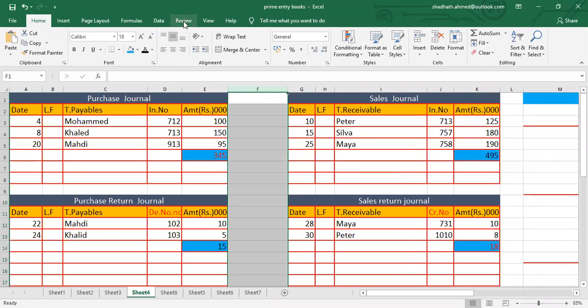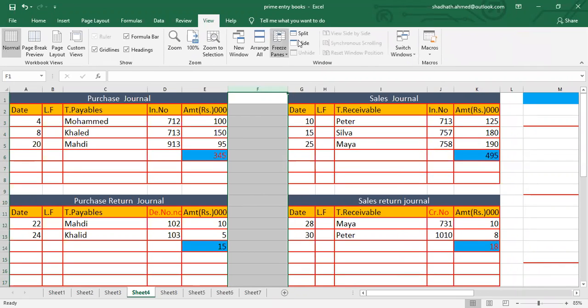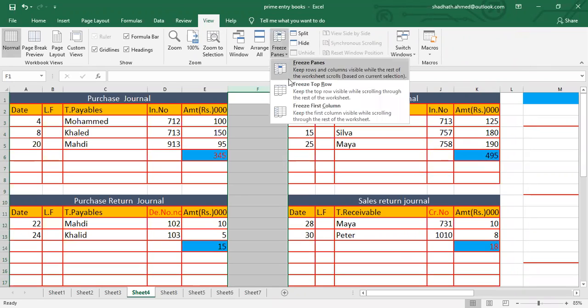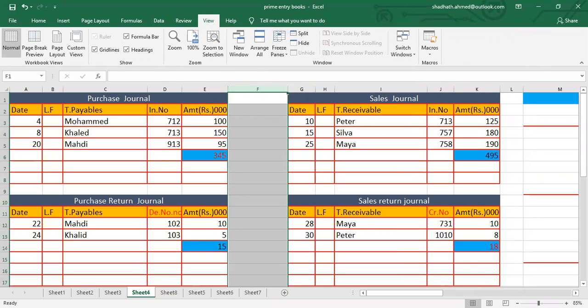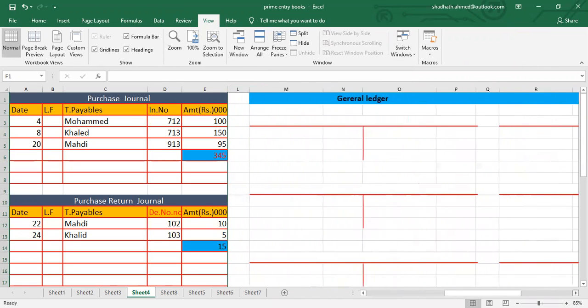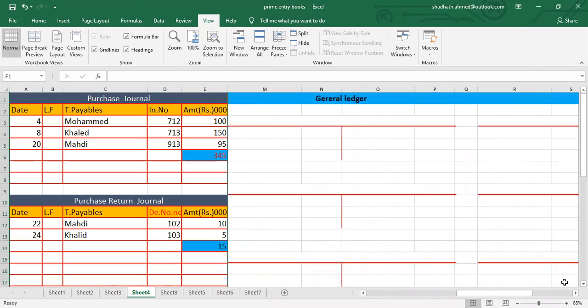Now let's see how to prepare the ledgers for the purchase journal, sales journal, purchase return and sales return journal. We come to general ledger. In general ledger, we will see how to record these transactions. I'll take the purchase journal and purchase return journal first.